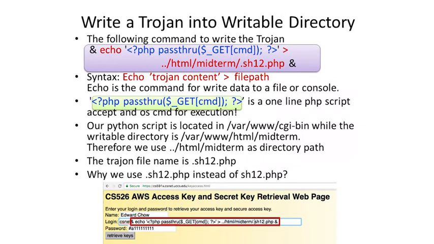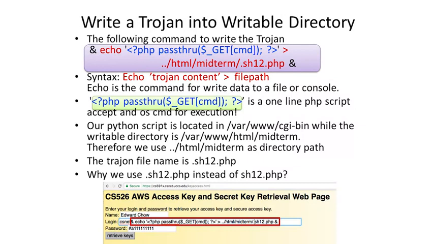Our Python script is located in /var/www/cgi-bin, while the writable directory is in /var/www/html/midterm. The difference between the two indicates we need to create a relative file path, ../html/midterm, that allows us to traverse from the cgi-bin directory to the midterm directory.